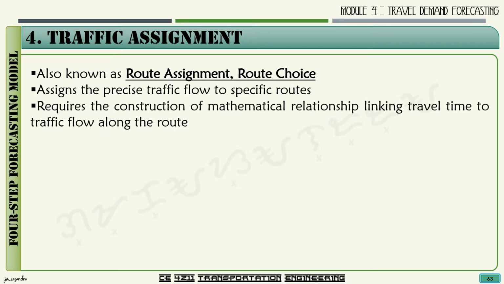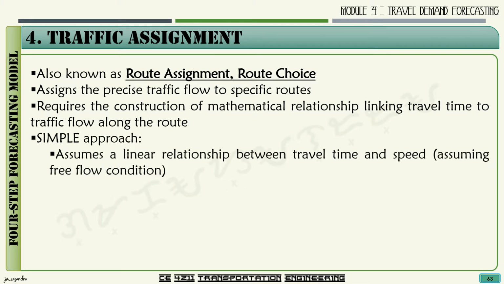This would now require the construction of a mathematical relationship linking our travel time to the traffic flow along the routes. In the simple approach, we assume a linear relation between travel time and speed, assuming that there is a free flow condition in our routes.